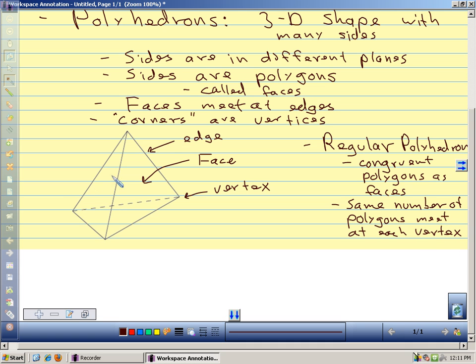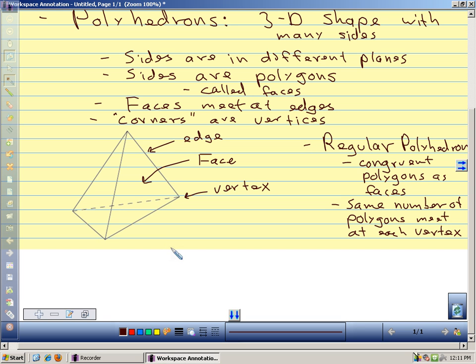So this pyramid, if all of the triangles that make up the faces were congruent, this pyramid would be a regular polyhedron. We have 1, 2, and then back here we have 3. So we have 3 polygons meeting at each vertex. So this could be an example, if all of our triangles were congruent, of a regular polyhedron.